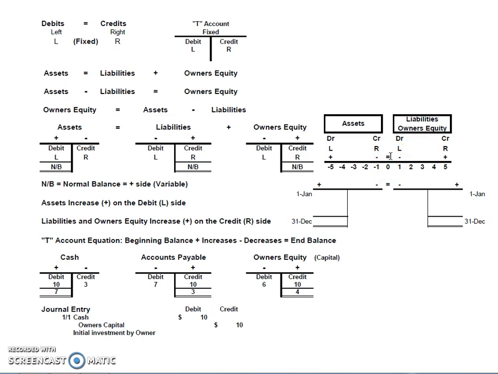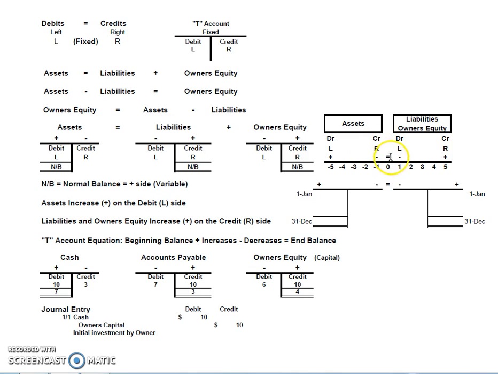As we increase to the right, when we go to the right side of the equation, we're going to the credit side. Just like here, here's our equal sign. We're increasing on the credit side. When we decrease from here, 4 minus 3 would equal 1. When we're decreasing, we're going to the debit side.